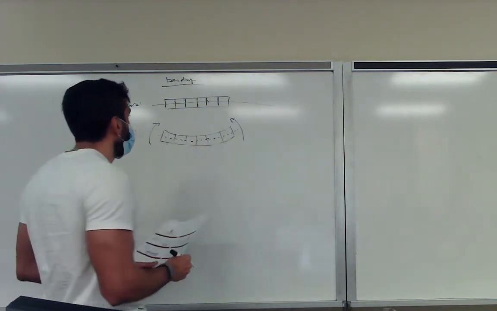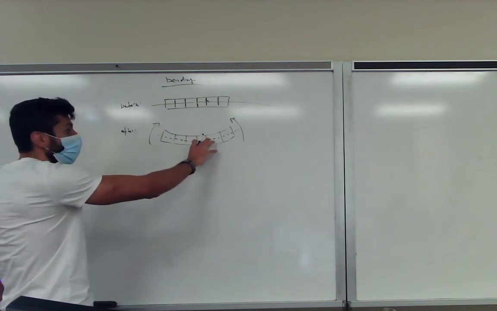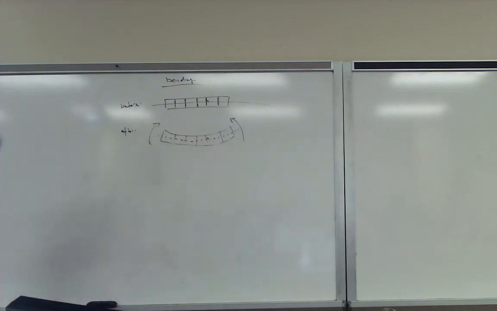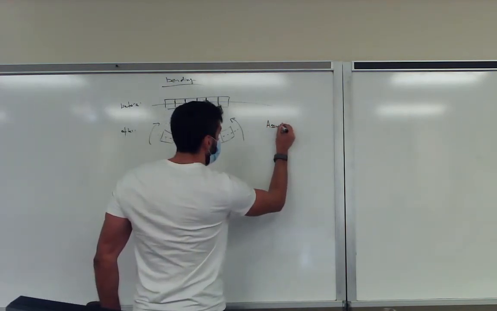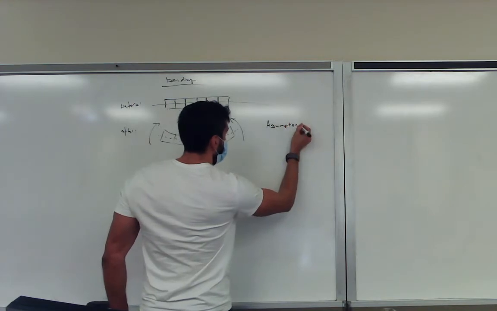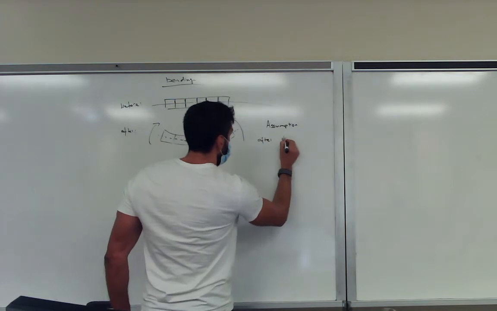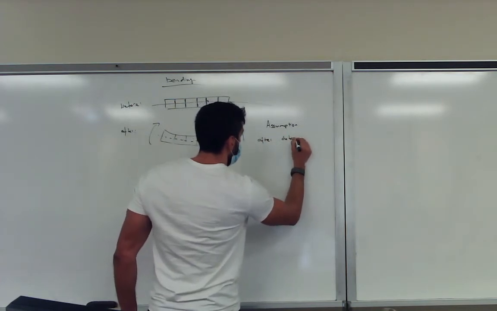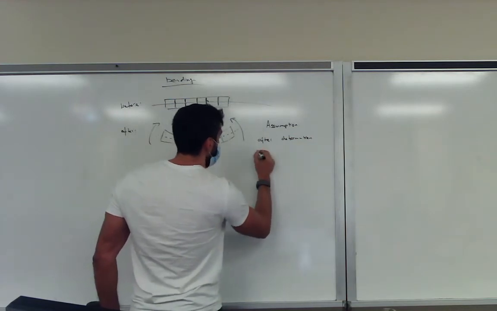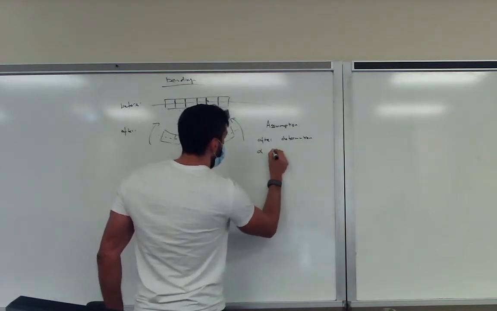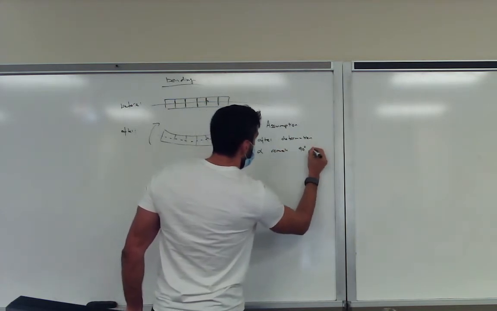And with that, we can make the assumption that after deformation, this angle is no longer 90 degrees. So we can make an assumption: after deformation, let's call our angle alpha, does it remain 90 degrees or not?